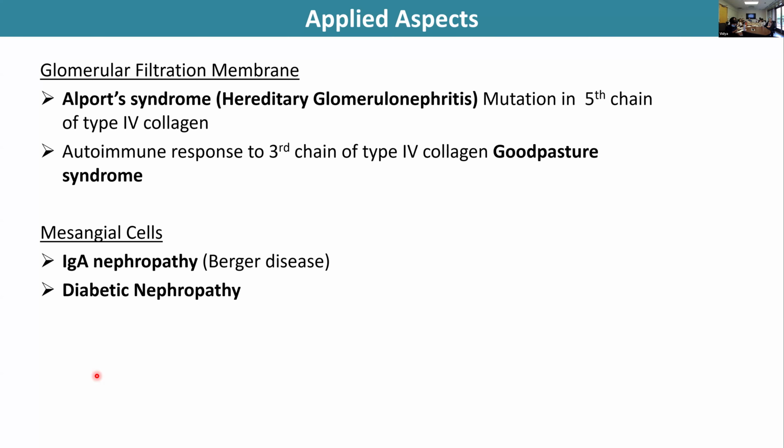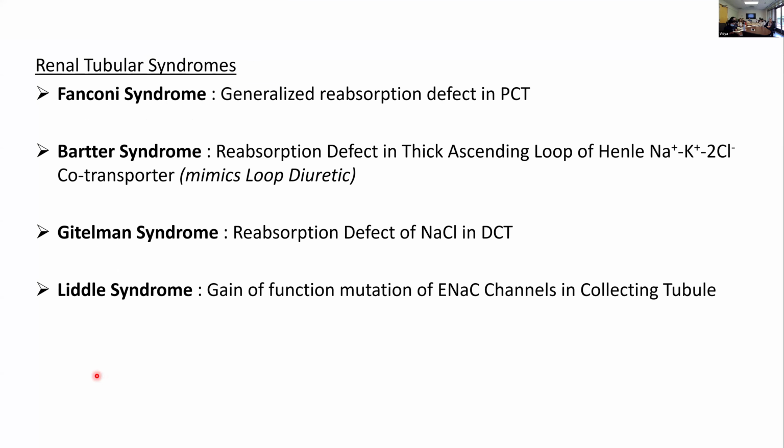I think you'll hear more about these diseases in future lectures with the pediatric disease and other diseases. And there are also several renal tubular syndromes, with defects in different regions like the proximal convoluted tubule and the distal convoluted tubule. They cause problems like Fanconi syndrome.